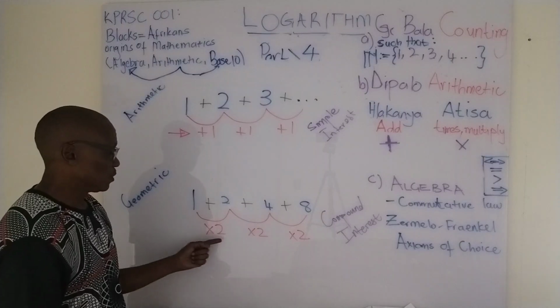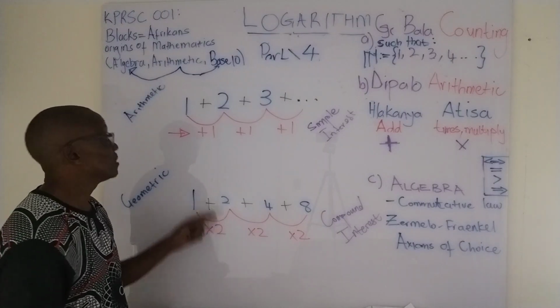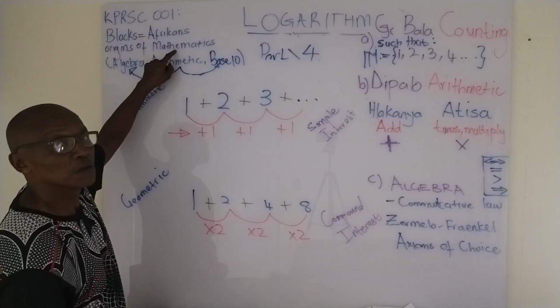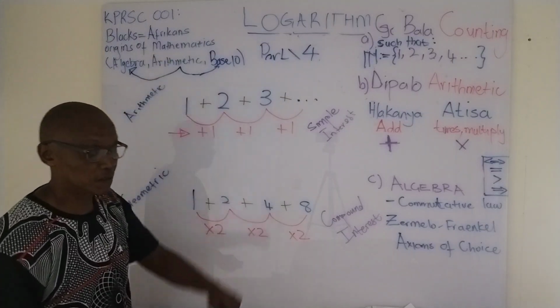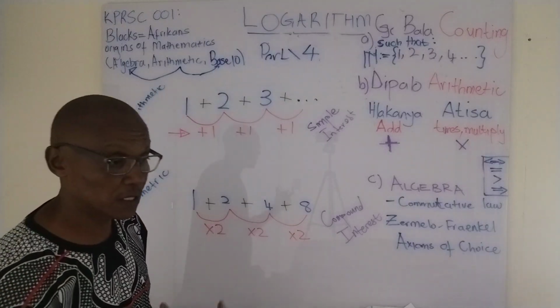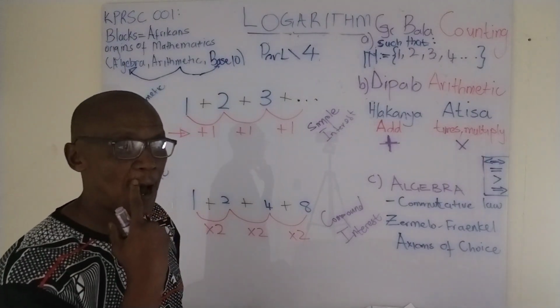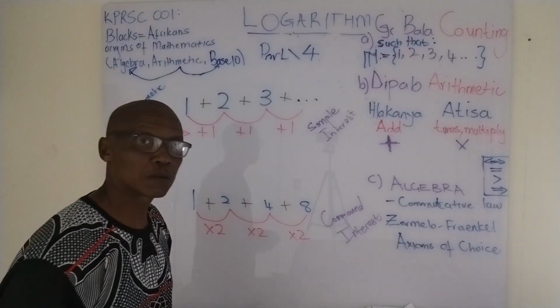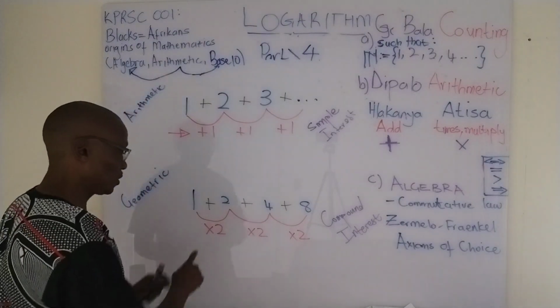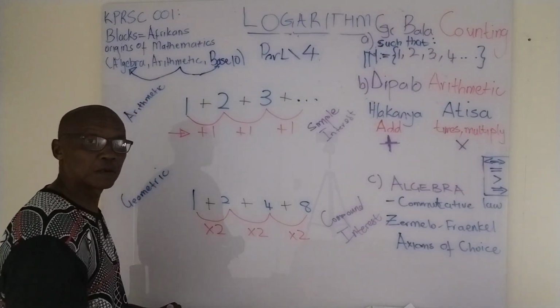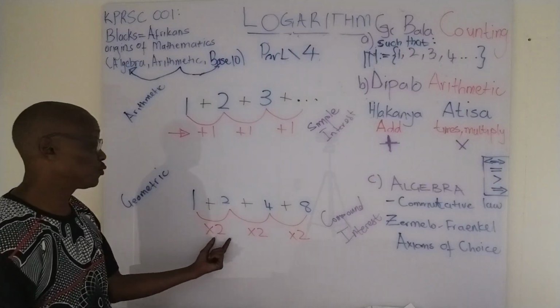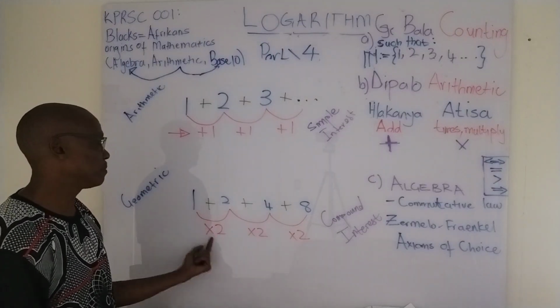I've deliberately chosen 2 here because reference is made in this video where the ancient blacks are teaching us how to multiply 2 numbers using what is called doubling. That's what you mean by times 2. You're doubling. You're saying 2 khabedi.